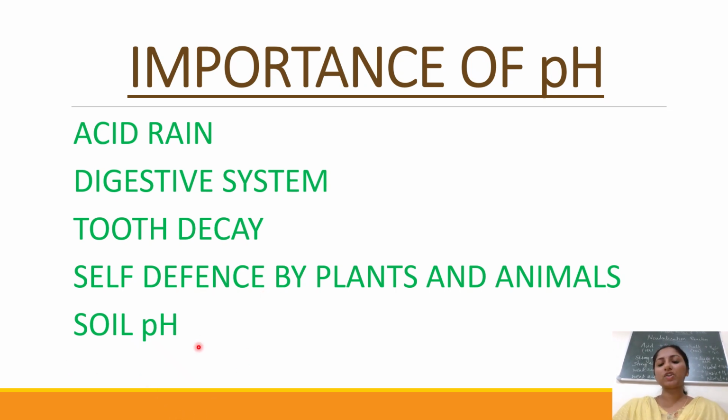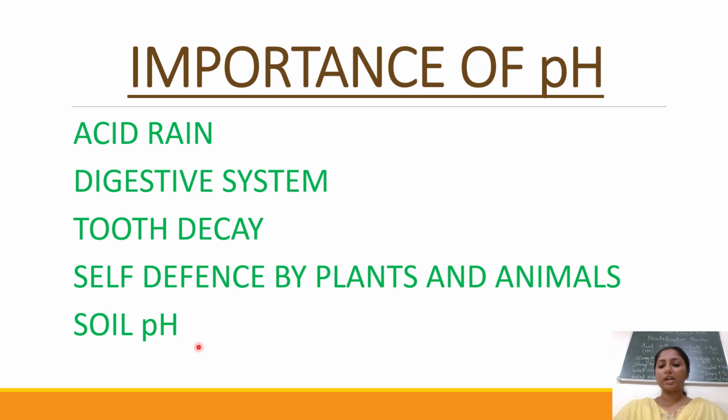And what about the soil pH? Before each crop production we want to check whether the soil is acidic or basic. For some types of plants we need basic soil, and for some types of crop production we need acidic soil. So before each crop production we want to test whether the soil is suitable for this type of crop or not.